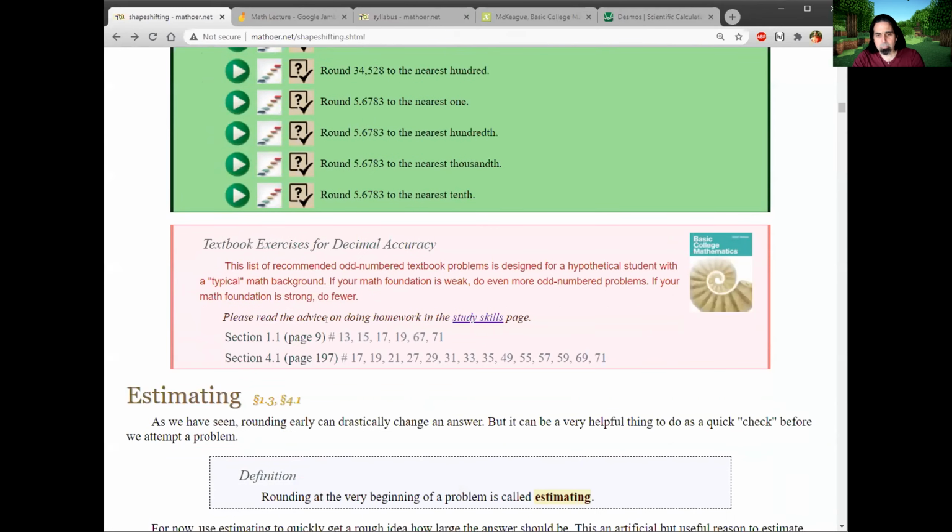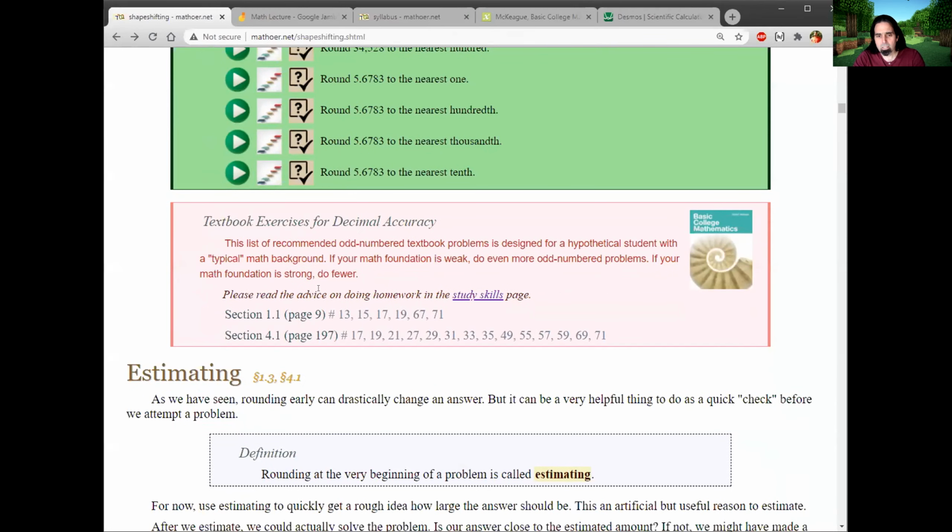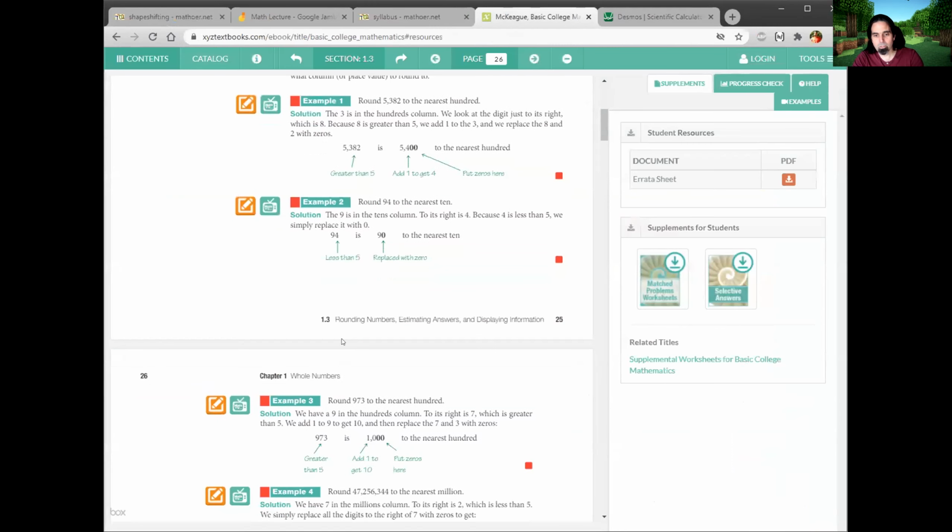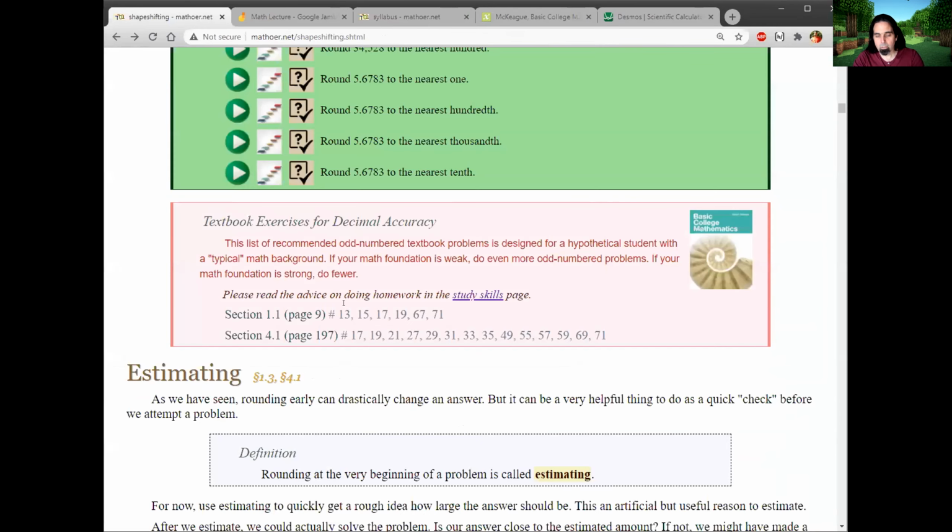Then there's a red box that says, if you just want to do a little bit of homework, if you want some structure and guidance and not just to flounder around in the book, then these are the best problems. Myself and some other math teachers have looked through the textbook and said, if you have a typical math background, this is a little bit of review for you, but you're probably very rusty, then these are the best ones to do.